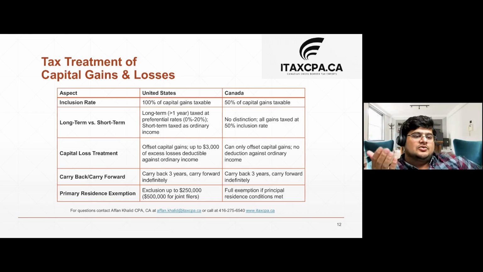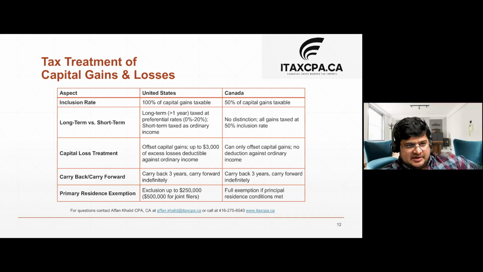You are allowed to carry back the capital losses 3 years, and you can carry forward indefinitely, which I think is the same as the US rules, so no differences there. But they are very limited in their application. These capital losses can only be applied against capital gains. Okay.